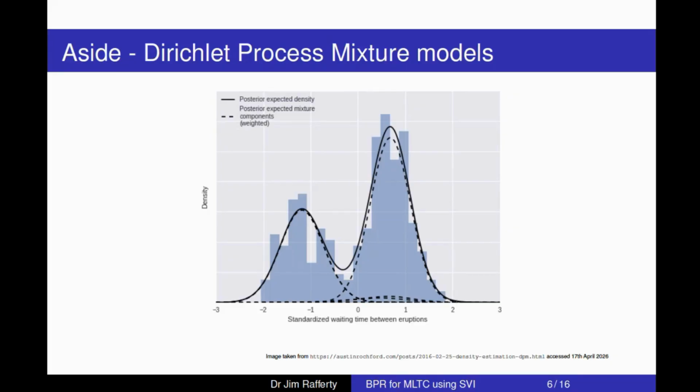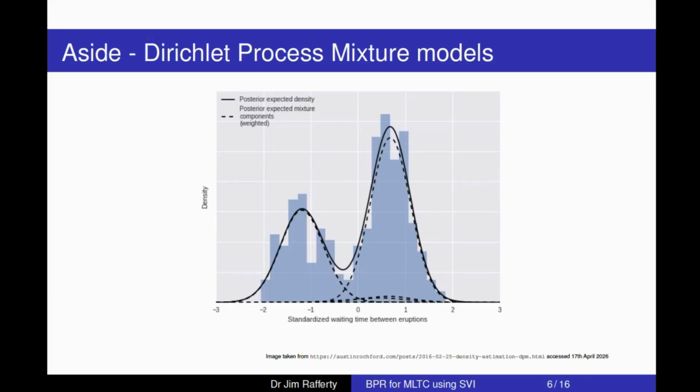What I would say before I get into the actual data is that the reference for this plot, this guy's blog, Austin Rochford, has a lot of very good examples of DPMMs. So if you're interested in Dirichlet process mixture models, it's well worth a visit to that website.